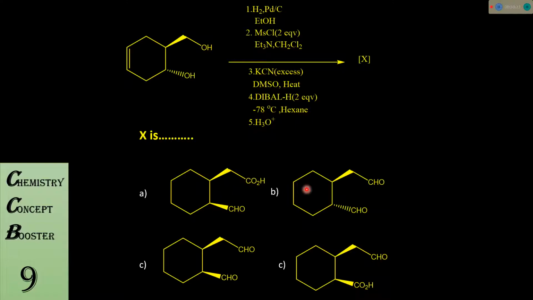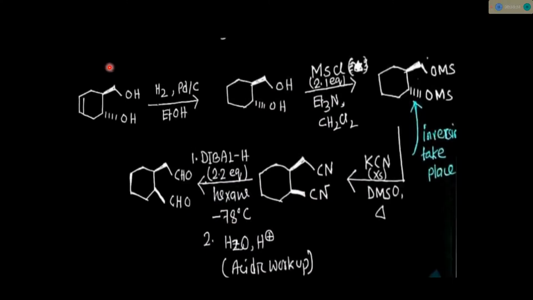The first reagent is hydrogen, palladium carbon, ethanol. You all know this reagent, so hydrogenation will occur. There is an alkene double bond, so it hydrogenates the alkene, and now it becomes a saturated cyclohexane.